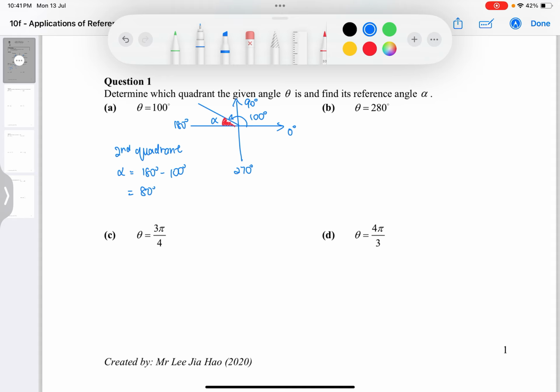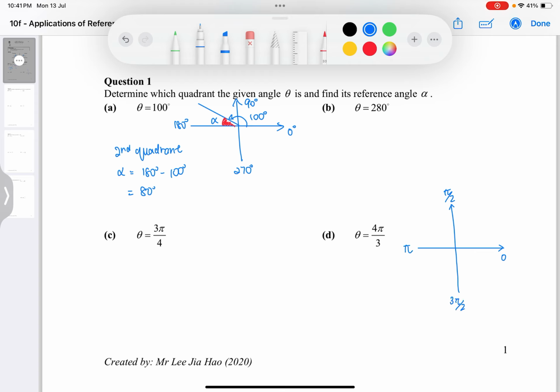Maybe I will demonstrate the part on D. So D is in radian mode. Because you're still quite new to it, you're going to write or state the four special values along the quadrants: 0 radian, followed by pi over 2, followed by pi, and 3 pi over 2 radian.